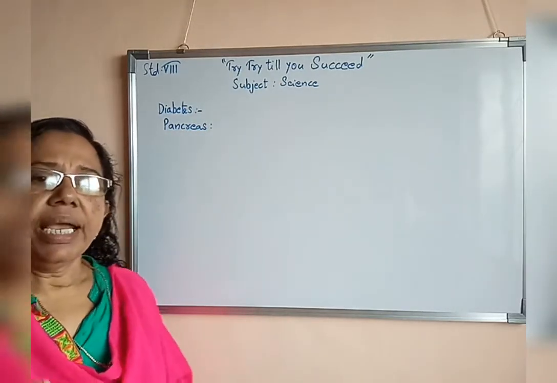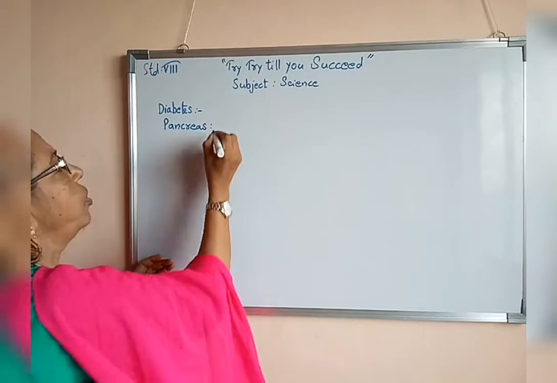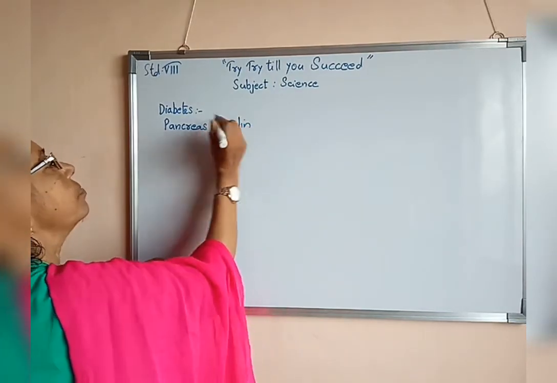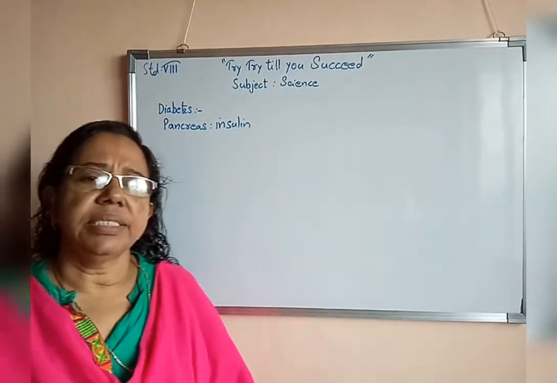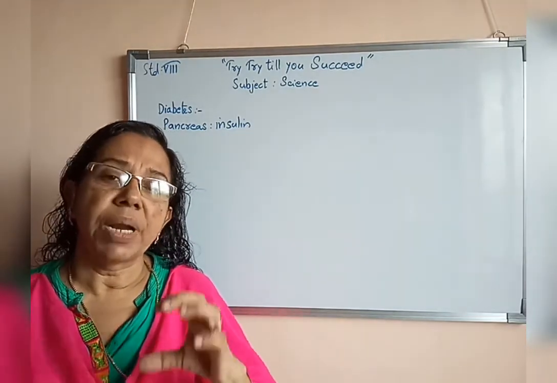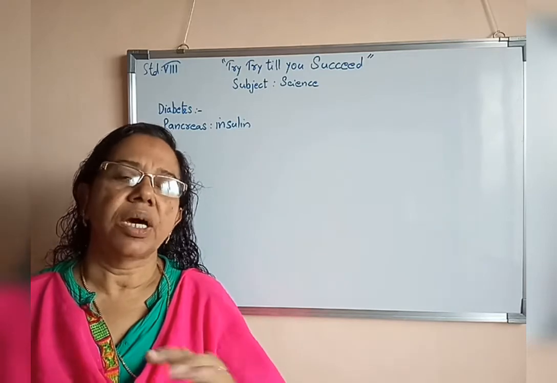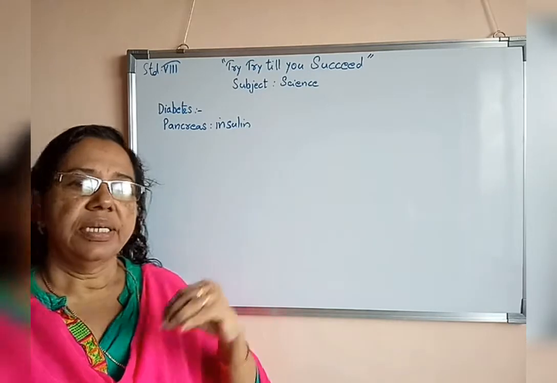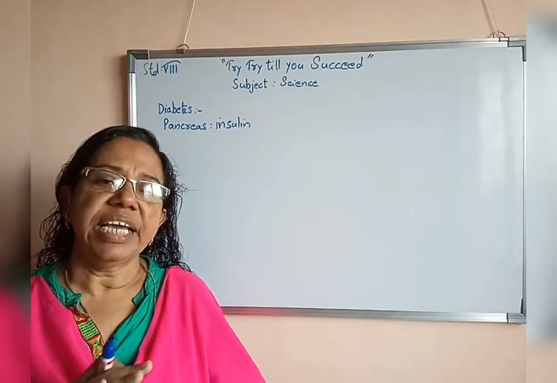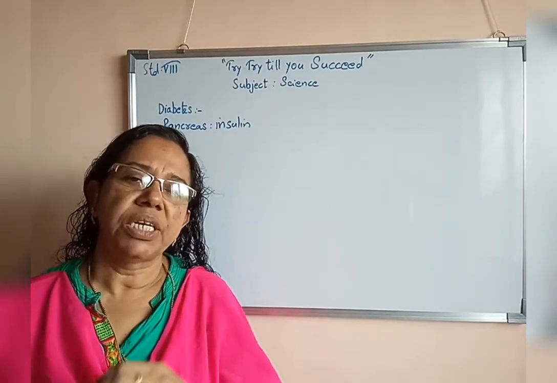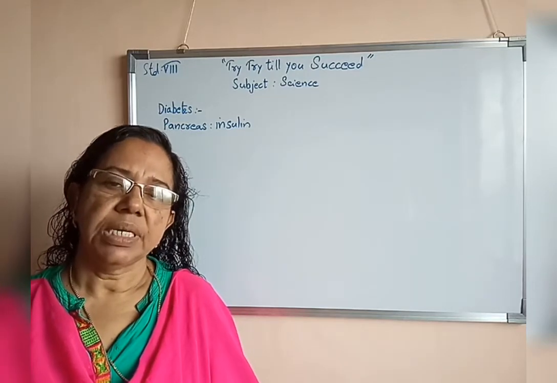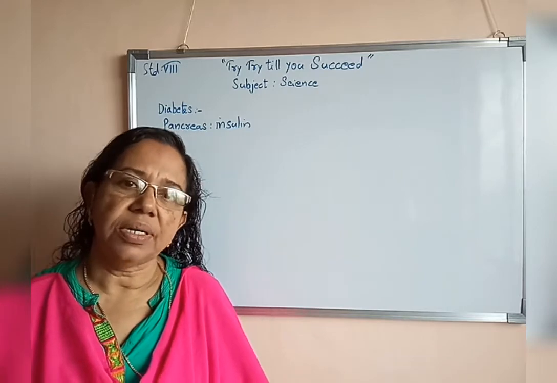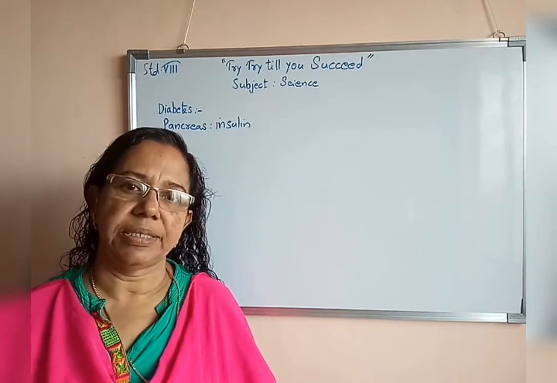It produces a kind of hormone known as insulin. This insulin controls the blood sugar level in our body. If the production of insulin reduces, there will be no blood sugar level control. If there is no blood sugar level control, we will get diabetes.